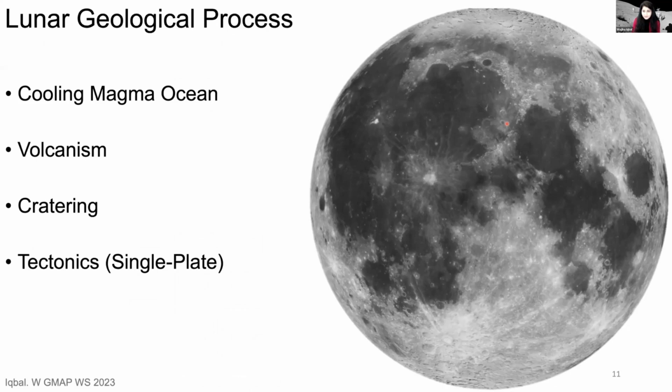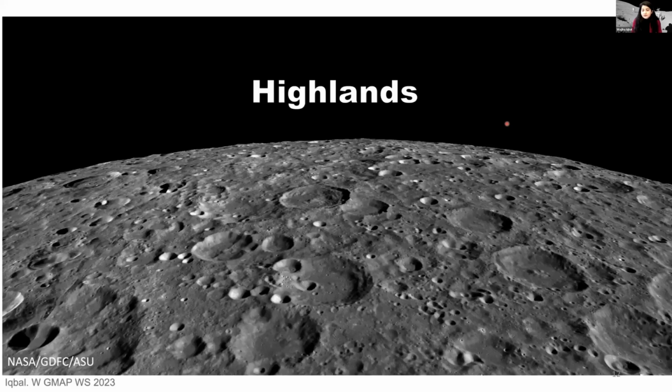And then there is a kind of tectonics. It's a single plate tectonics, which means that the tectonic features depend on regional stresses, and this was also discussed by us yesterday in detail.